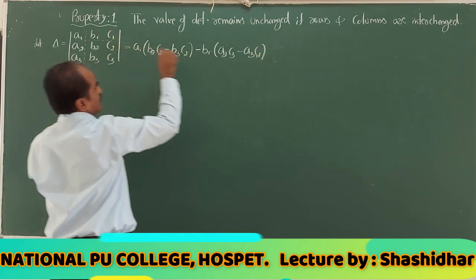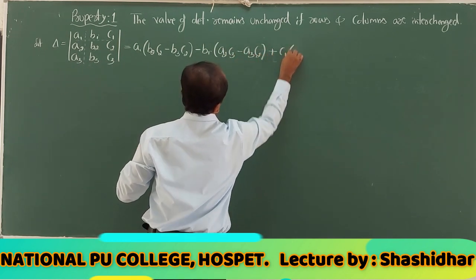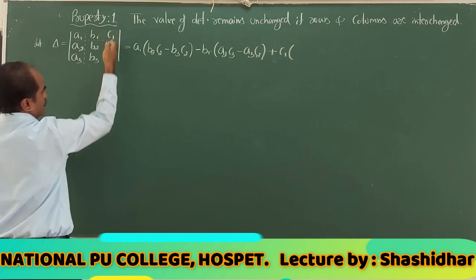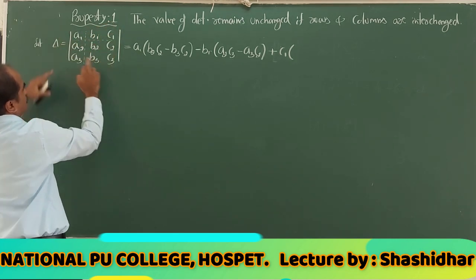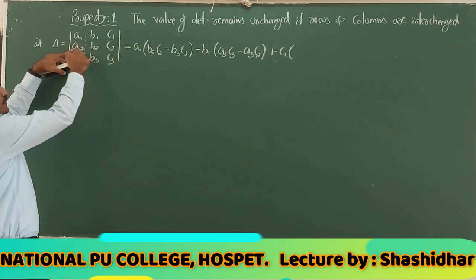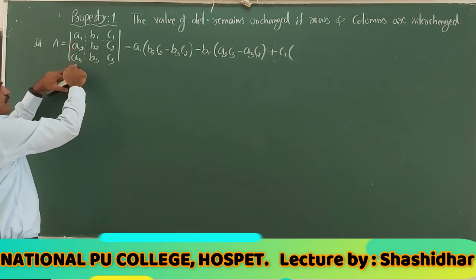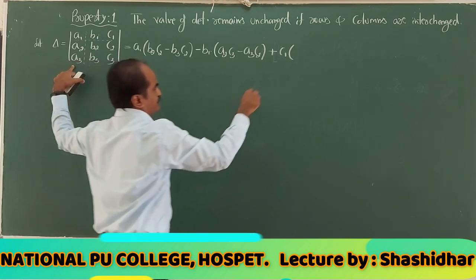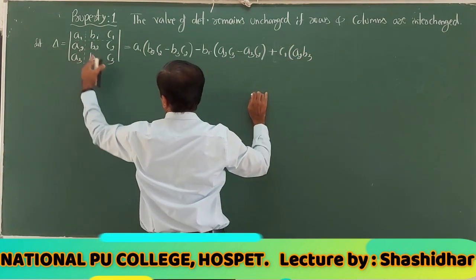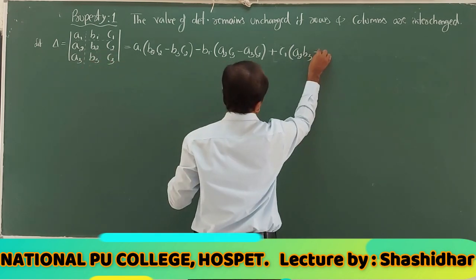Next, the third element, plus C1 into, plus, minus, plus. Leave first row, third column. On leaving first row, third column, A1, B2, A3, B3 remain. Now diagonal elements, A2 B3 minus A3 B2.